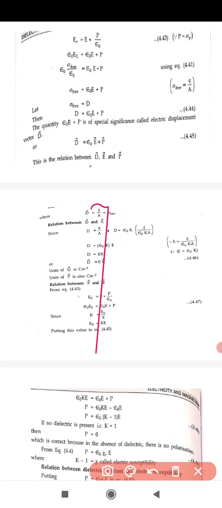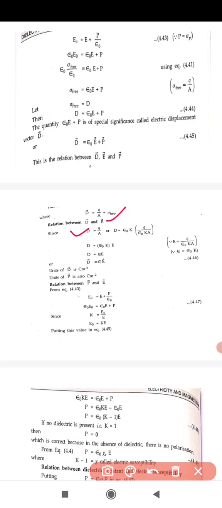Now we see the difference between the electric displacement vector and the electric field vector. We know the electric displacement vector D is the ratio of charge to the surface area.